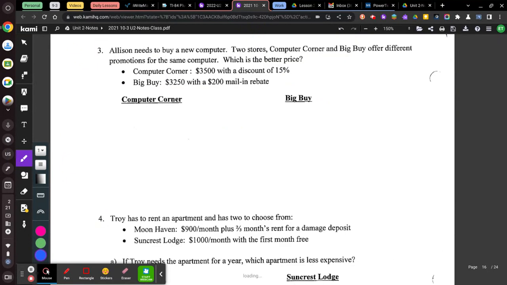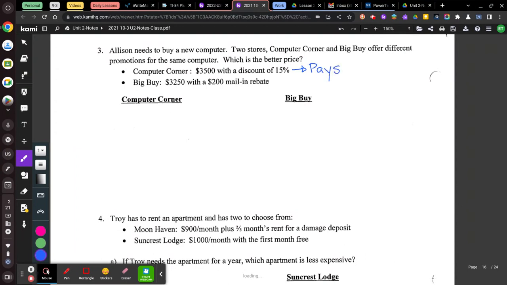All right, we got Allison needs to buy a new computer. She's got 2 stores, the Computer Corner and the Big Buy. And it says the same computer she's buying from both places. One's going to charge her $3,500, but a 15% discount. So that means she only pays how much then?